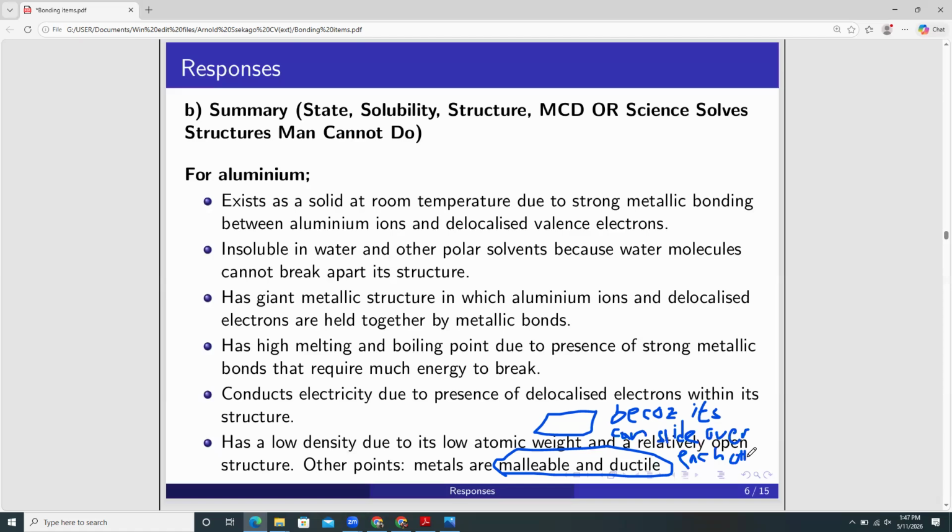That is the reason. So metals are malleable and ductile because they are made up of layers.